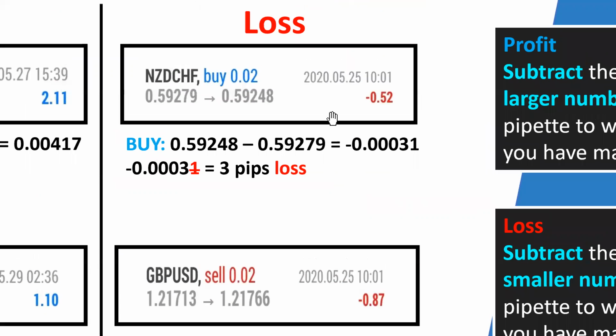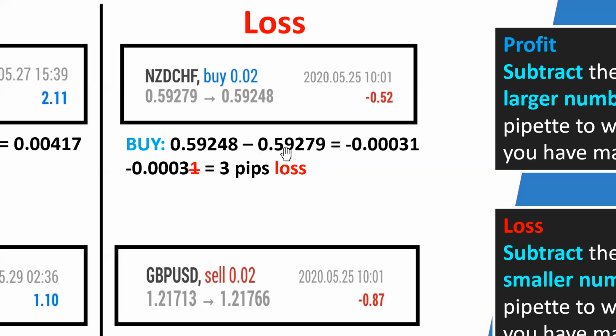But if it's a loss, which is the red, that's what we will say, a blue party when we're in profit. Blue party, great. And you can see here, this is the larger number and that's the smaller number. So I'm subtracting the larger number from that.